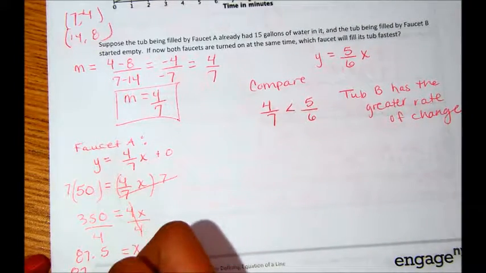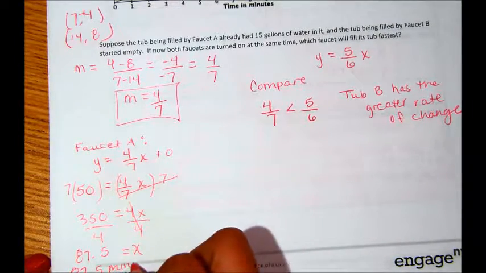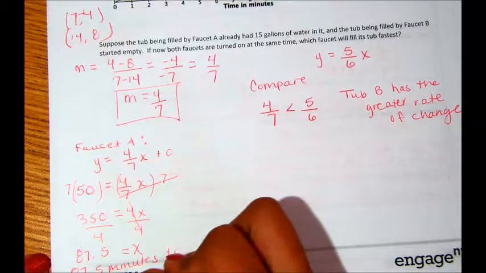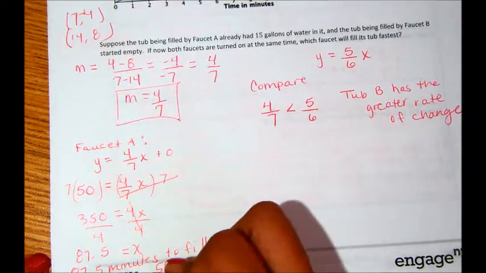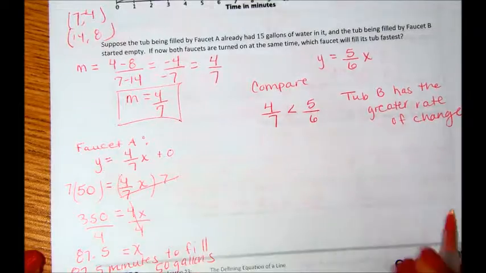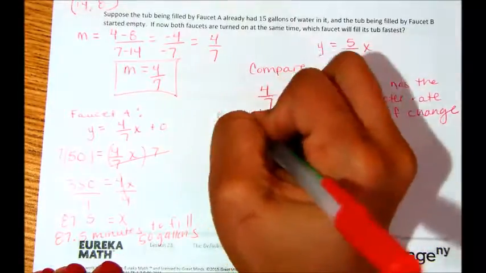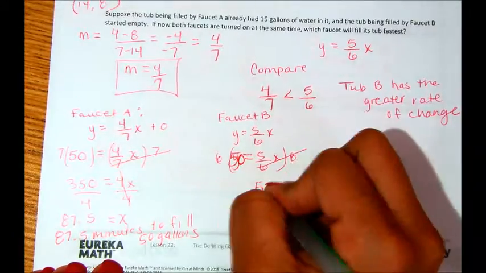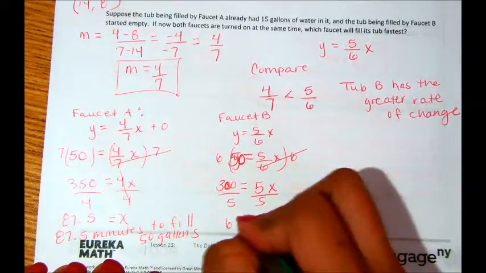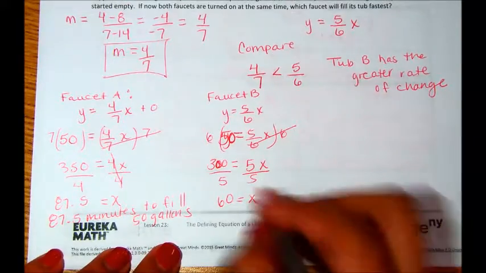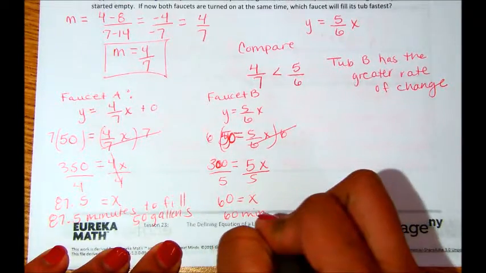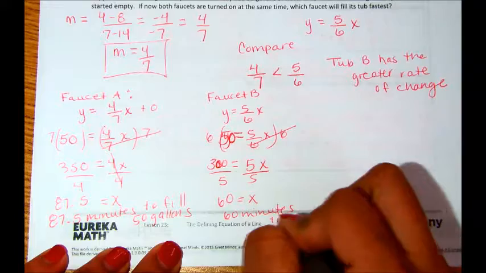So it takes 87.5 minutes to fill 50 gallons. It's going to take faucet B 60 minutes to fill 50 gallons.